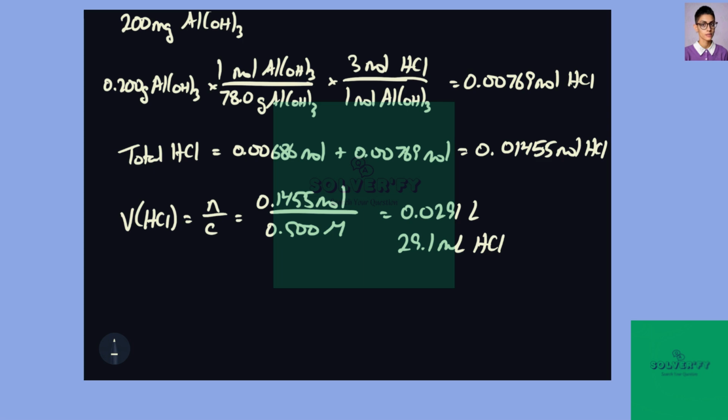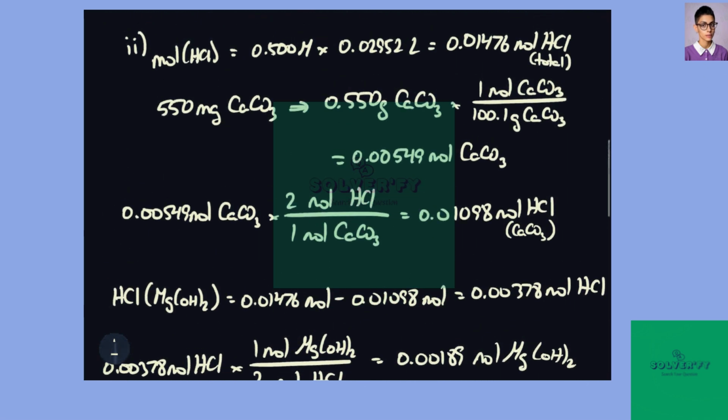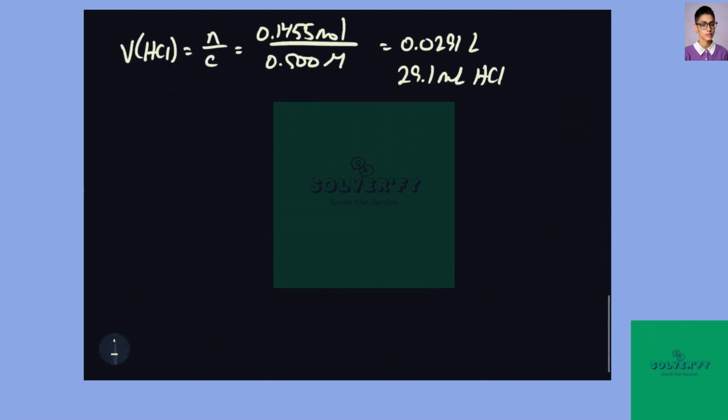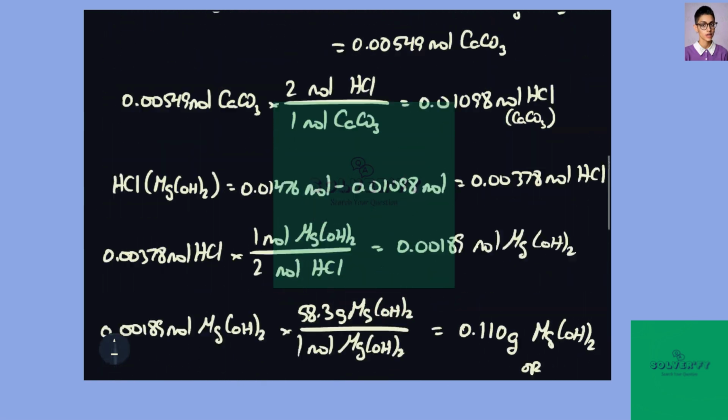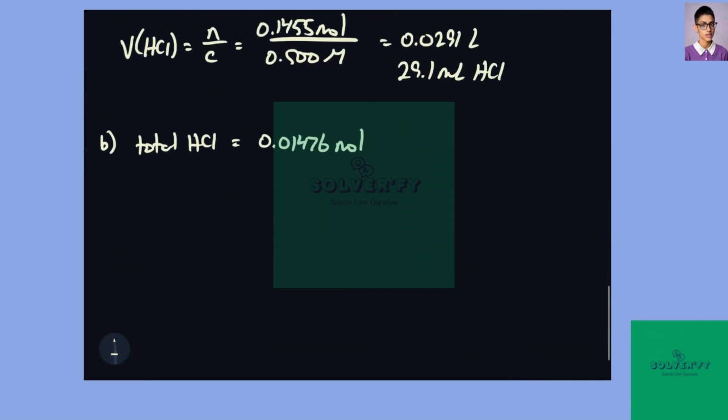I'm going to go back to part B for a sec. We did not calculate in part B the amount of HCl needed for the neutralization. The total moles of HCl here is 0.01476 moles.